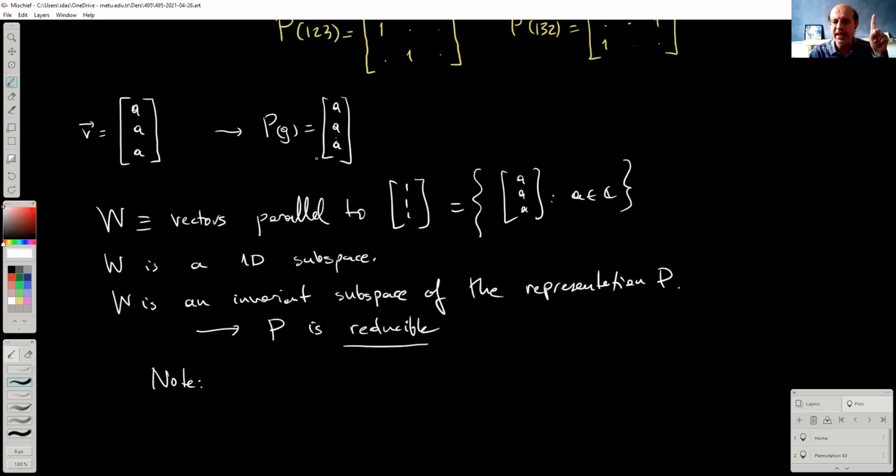It just multiplies it by one. P(g) applied on (A, A, A) gives you (A, A, A), which means it gives me the same vector.